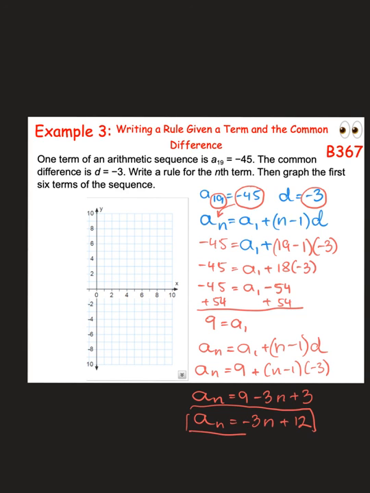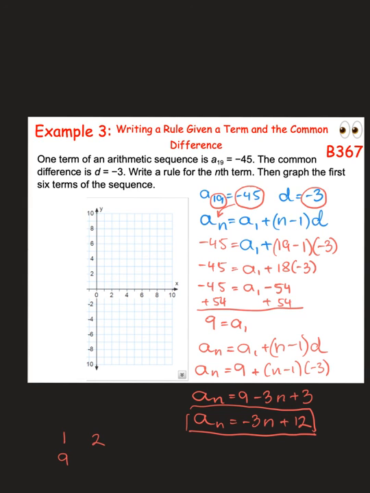So now we need to graph the first 6 terms. So let's go ahead and generate the first 6 terms. So the first term is going to be negative 3 times 1, which is negative 3, plus 12 is 9. The second term is going to be negative 6 plus 12.